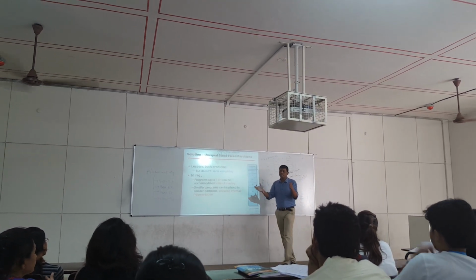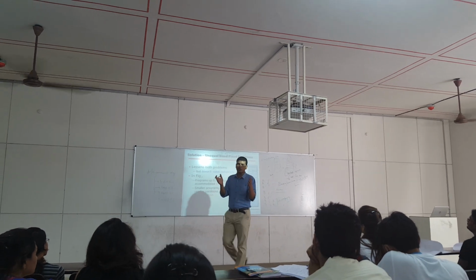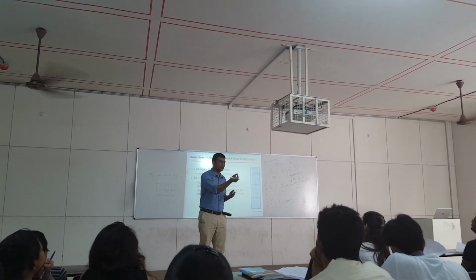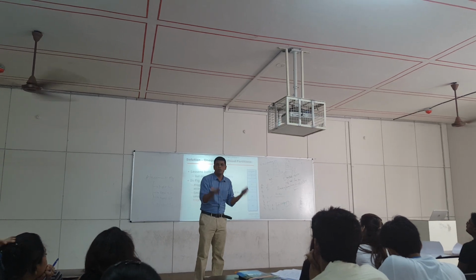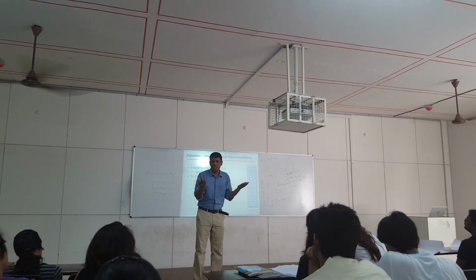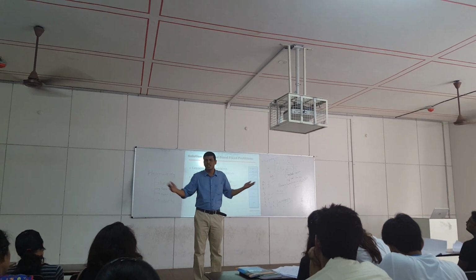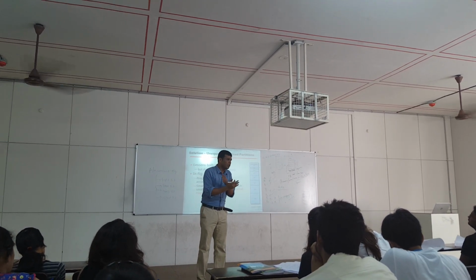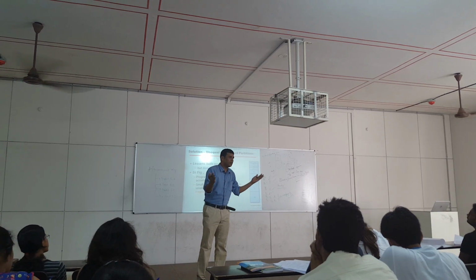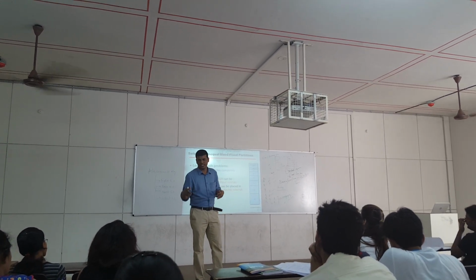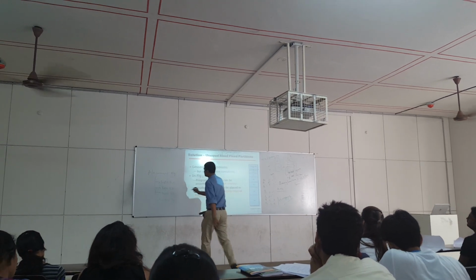So best fit gives minimum wasted memory, and this is the optimal solution. But what is the drawback? It is going to consume more time, since you need to scan all the partitions to decide which one to select. That's about the best fit.